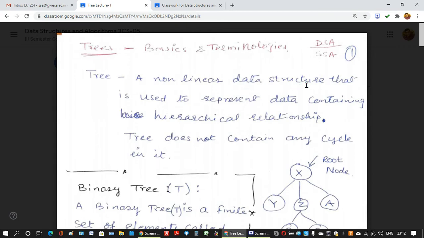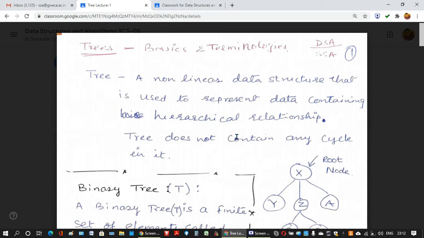So a non-linear data structure that is used to represent data containing hierarchical relationship is called tree. So in tree there will be a hierarchical relationship. To understand this, you can take a family tree where there is a grandfather, and then grandfather has son and daughters, and out of those son and daughter, one is our father, then we ourselves, our siblings and all.